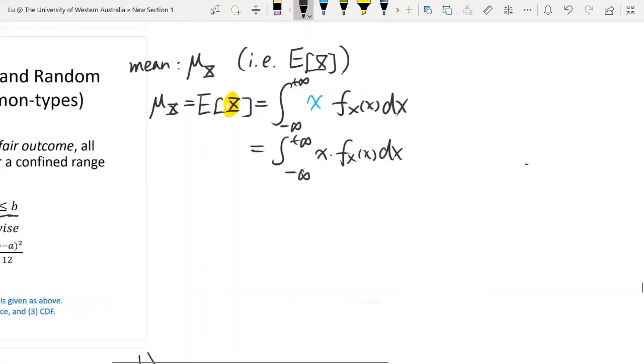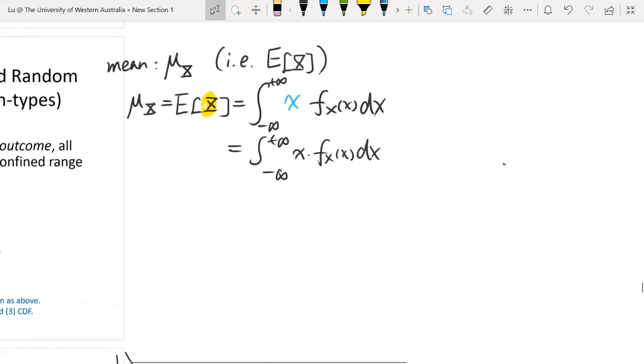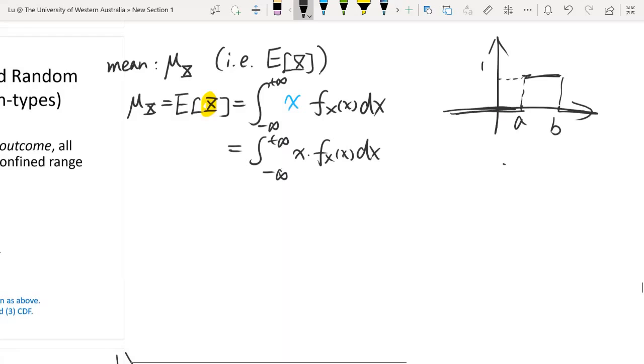But don't forget, for this particular uniformly distributed random variable, the PDF is very special. It only has values between a and b, and is zero outside the AB region. Between a and b, the height is 1 over b minus a. So between a and b, we get x over b minus a dx.